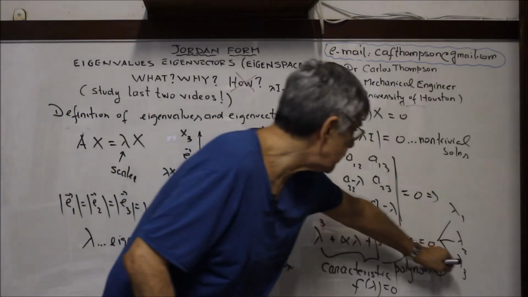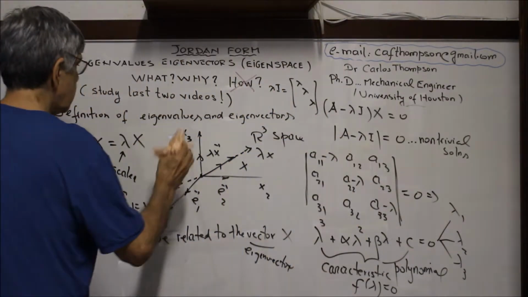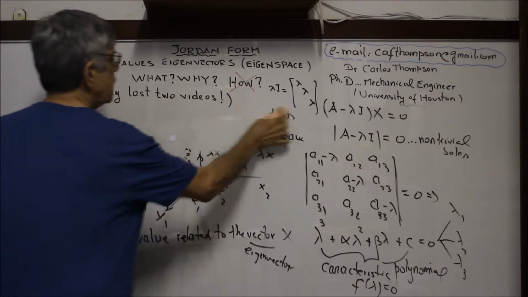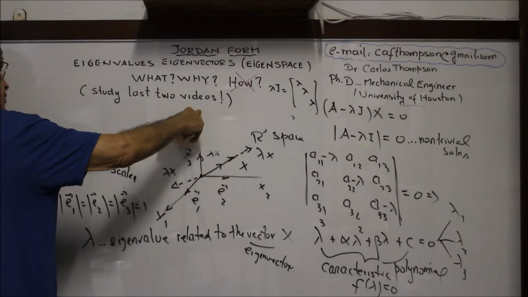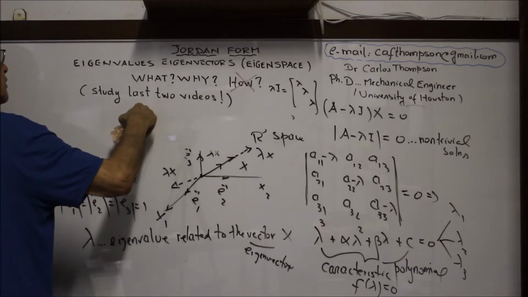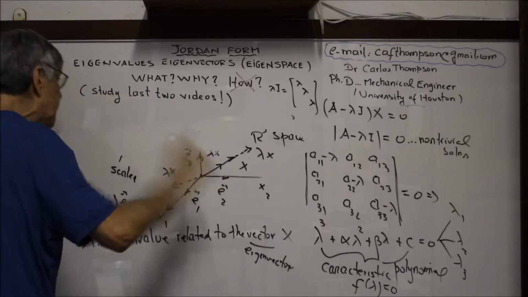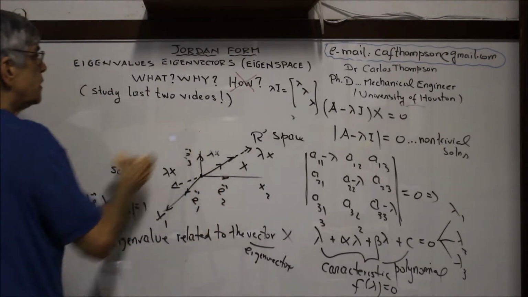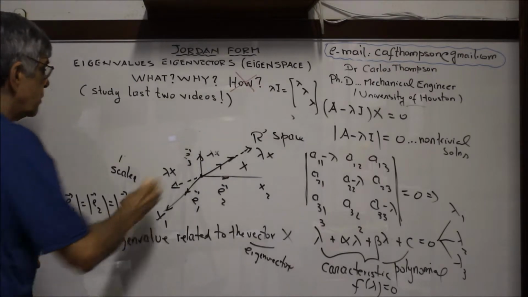What I will do with these 3 values, I will erase here. Look, I don't want this. I'll leave this here just for you to pay attention to. To understand this class completely, you have to study the previous 2 videos.